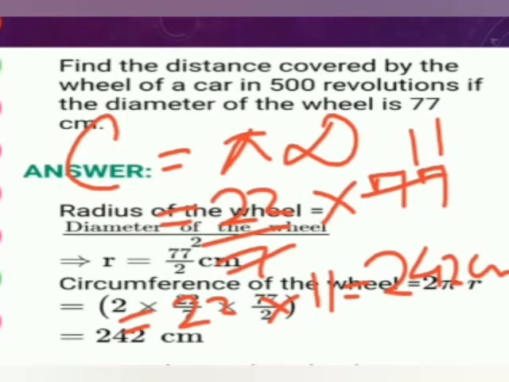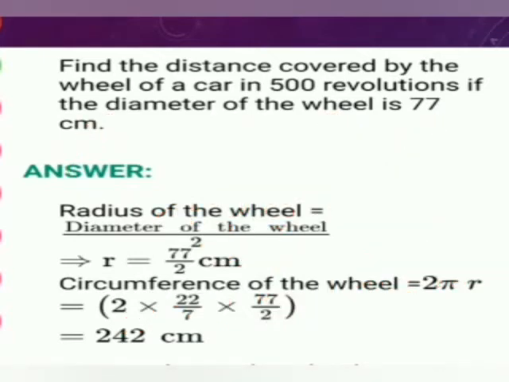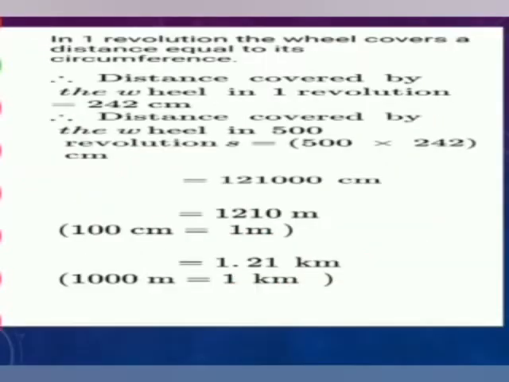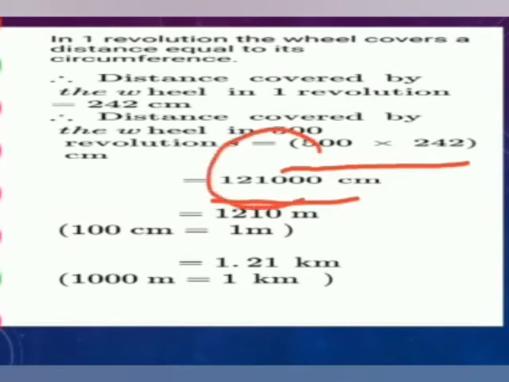This is the distance covered by the wheel in one revolution. So now the distance covered by the wheel in 500 revolutions will be equal to 500 multiplied by 242. It will give you 1,21,000 centimeter. Now this we will convert into kilometer.